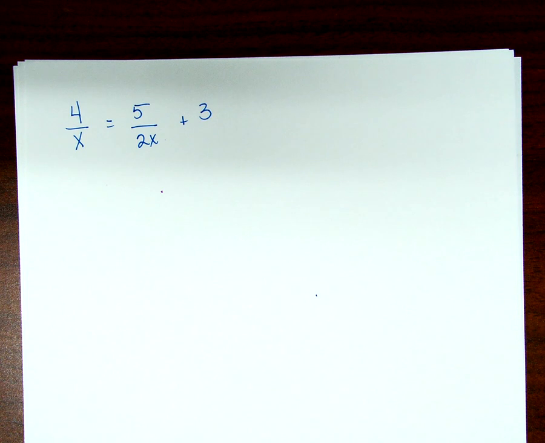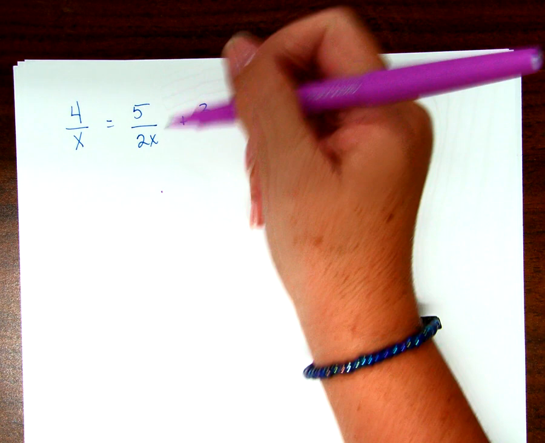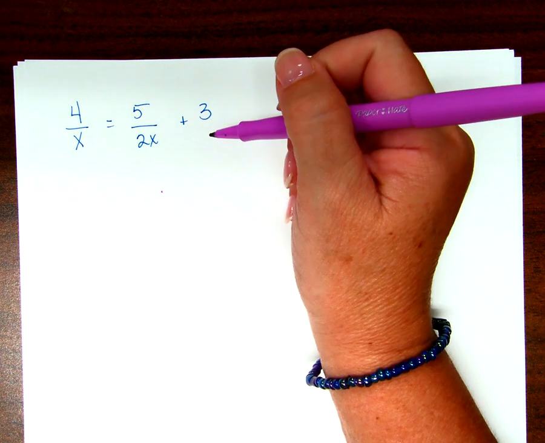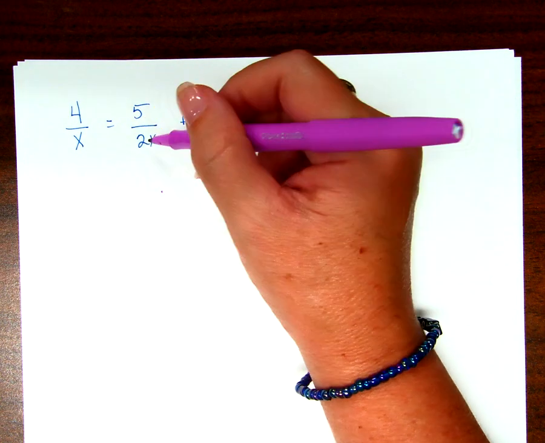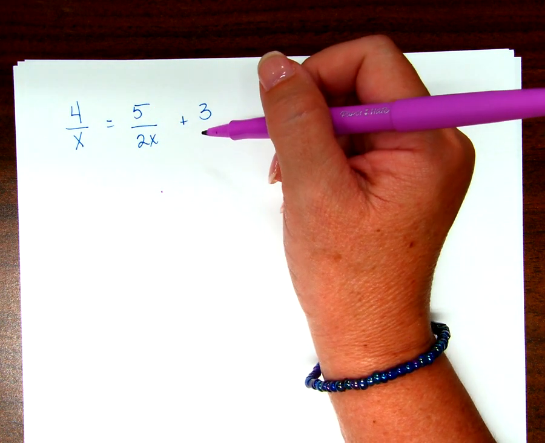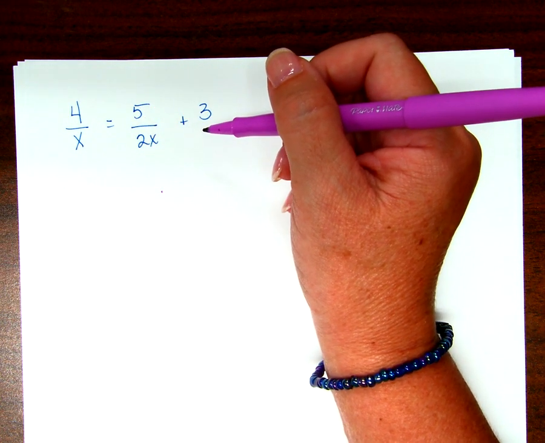Okay, so what would be a common denominator between x and 2x and 1? Whatever common denominator I decide on, each one of these denominators has to divide into it evenly, in fact.